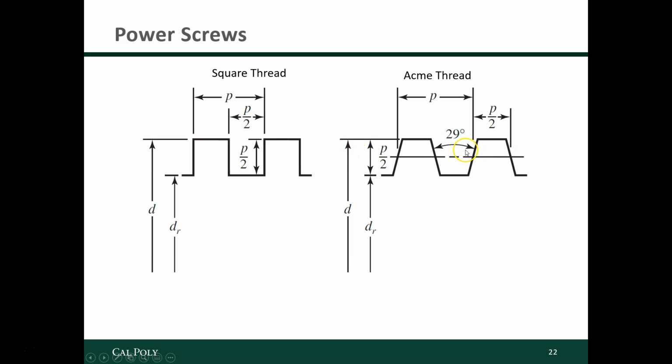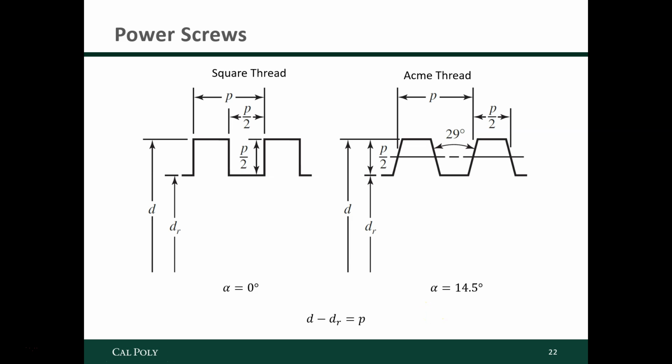Acme threads have 29 degrees between threads, so the alpha is 1/2 of that, 14.5 degrees. But they still have the nice property that the height of the teeth is P over 2, and the difference between the major and minor diameters then would be P. Same for both square and Acme. The difference between the major diameter and the root diameter is just P. So square threads have an alpha of 0 degrees, and alpha for the Acme threads is 14.5 degrees.